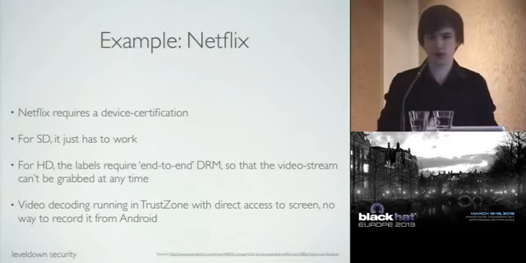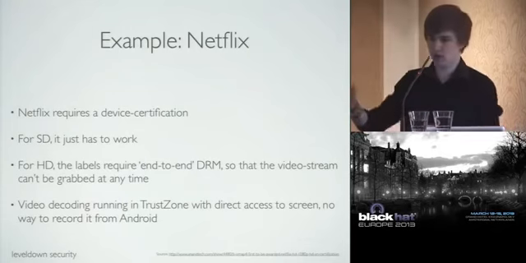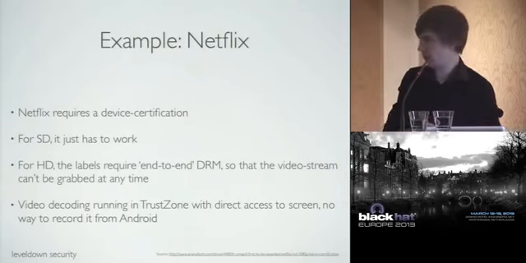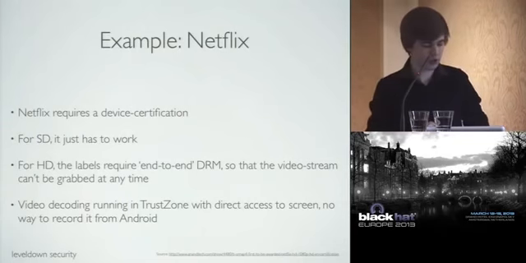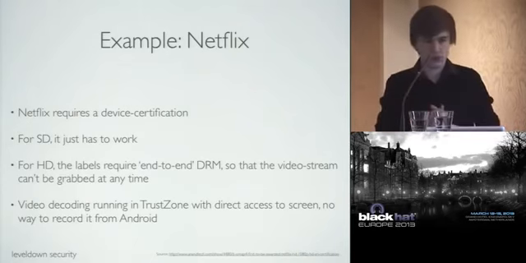For the low quality standard definition videos, it just has to work. So you basically go to them, show them, here, my device is fast enough, your app runs fluidly, and so on. Everything is fine. But for HD streams, the labels require end-to-end DRM, so that the video stream can't be video grabbed by some Android application or by Windows Phone or using USB debug, whatever.